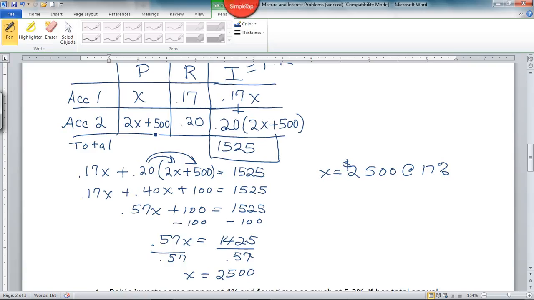The other amount, the other principal, is 2x plus 500. So now I know x is 2500, so 2 times 2500 is 5000, plus 500 would give us 5500, and that's the amount at 20%. Count 2.